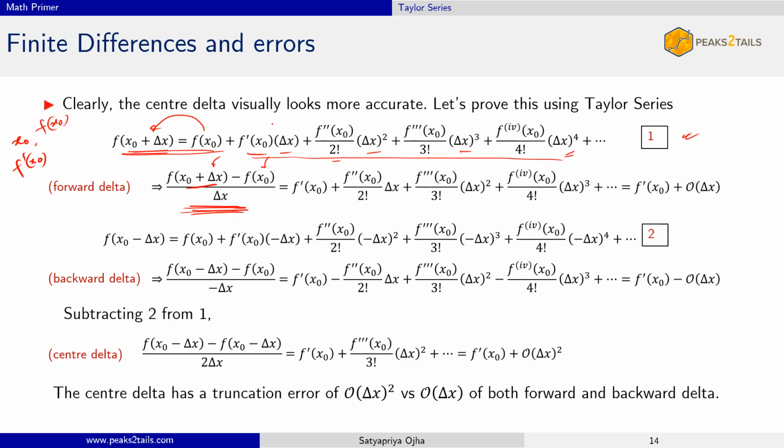On the right-hand side, look at the first term: delta x will get cancelled, because you're dividing the whole thing by delta x. We get this. Second one, the square will disappear, you'll have one delta x. And then from the cube, you'll have delta x square, like that. Now, this expression is f dash x0 plus a bunch of terms.